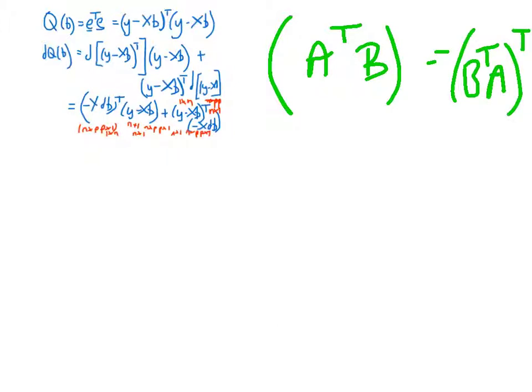What we can do here by way of a little bit of tidying up is to take y minus xb, which comes from our first term here, and transpose that, and multiply that by the transpose of minus x db.